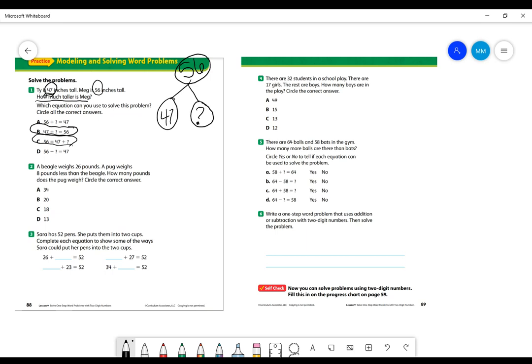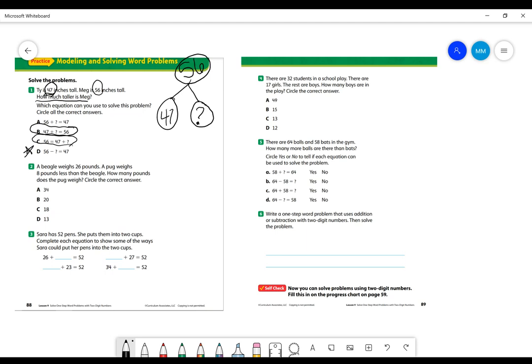So this is kind of tricky though, because this is the part that is missing. Okay, so I'm not going to circle this because the equation that would make the most sense if I was subtracting would be 56 minus 47. All right, so I'm going to put a star next to this one because it is part of that fact family, but I don't know if that would be the best equation to find that missing part.